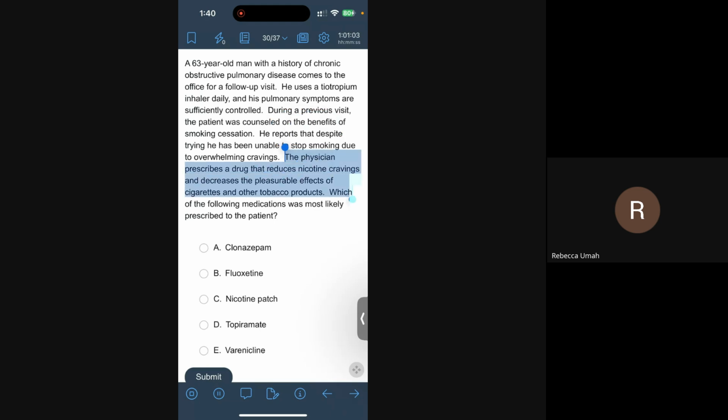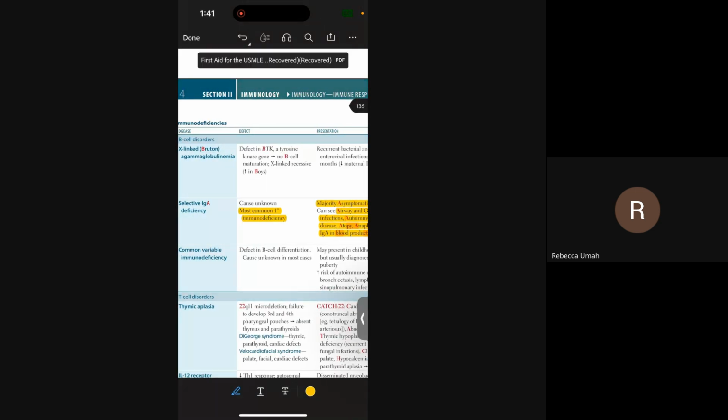We have done this question before: which of the following smoking cessation drugs can reduce nicotine craving? The answer is E, varenicline, not the nicotine patch. Remember this?